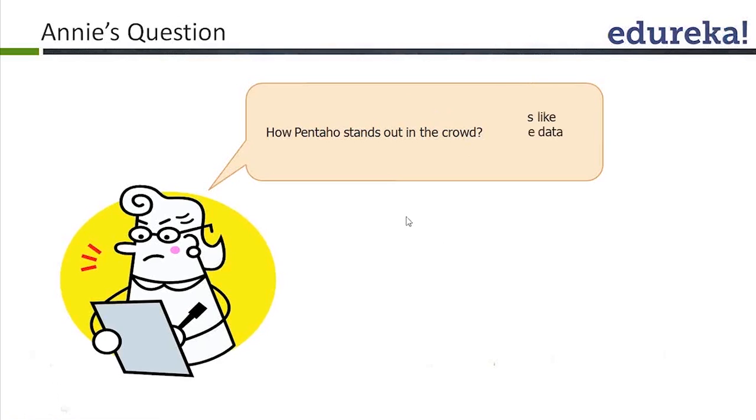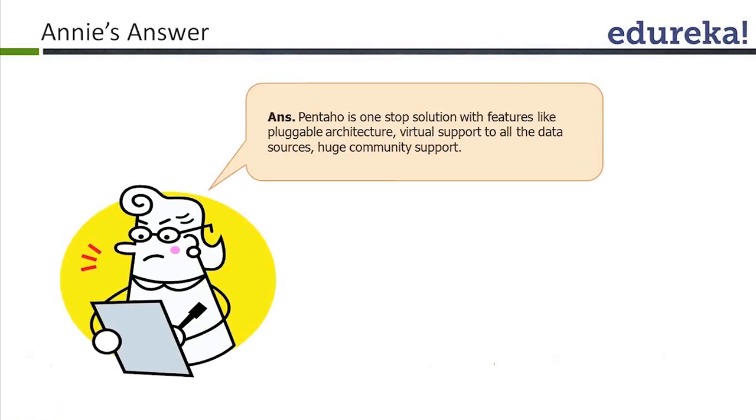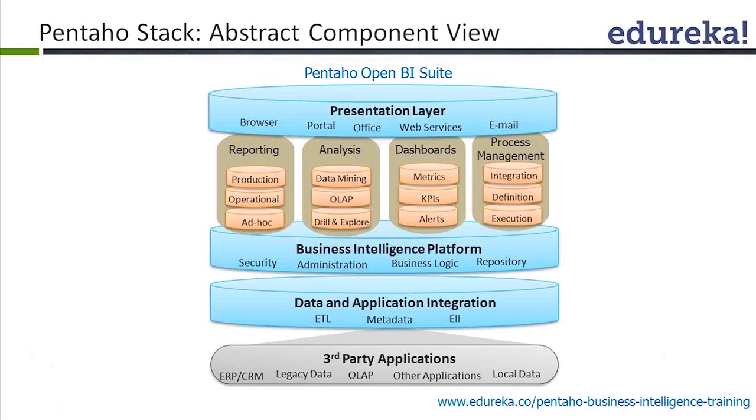So these are few features definitely which are making Pentaho distinctive. So one-stop solution, its pluggable architecture. One of the key things which typically other solutions like Tableau or Jaspersoft don't have is that flexibility. If you want to use their feature, then you cannot easily integrate on top of your existing solution. Virtual support to all the data sources, huge community support. So they have almost 14,000 active members.